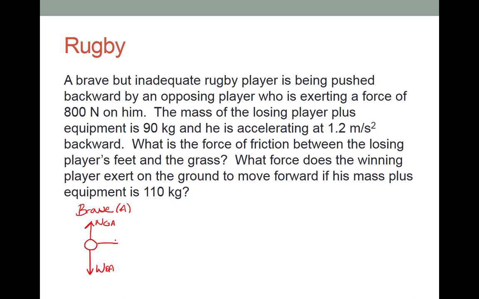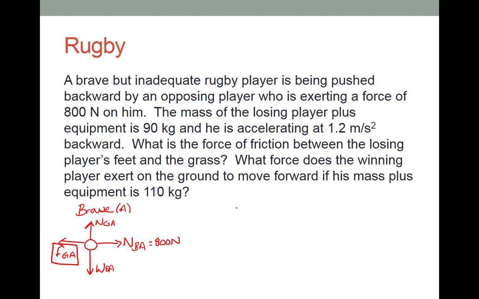We have a force from the other player, who, as you might expect, is going to be player B, which I guess if the brave player B for brave, but that's not how I did it. And then we have friction between him and the ground. So there's his free body diagram, and this is one of the two answers we're looking for, and we're told that this is 800 newtons.